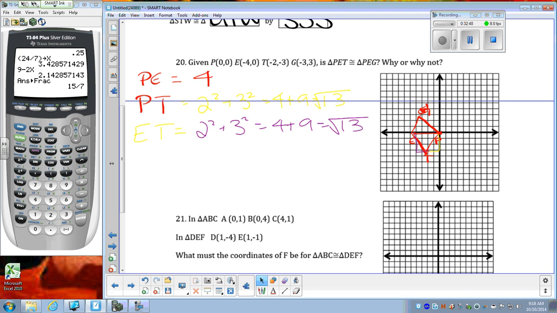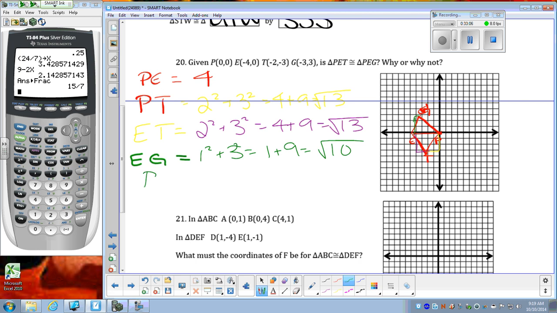And then I need EG. For EG, I went up 3 and over 1. 1 squared plus 3 squared, 1 plus 9, which is 10. And then I need PG. For PG, I went up 3 and over 3.